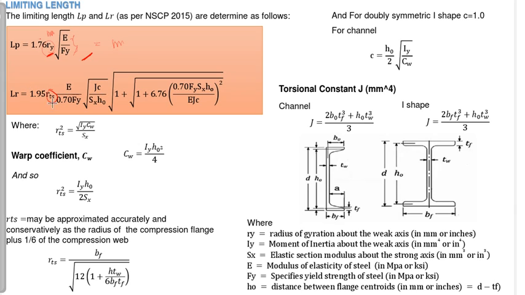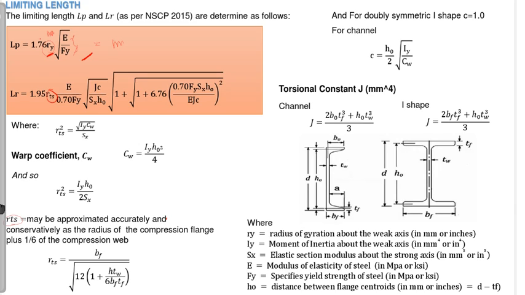So, yung RTS is a special radius of gyration, and that may be approximated accurately and conservatively as the radius of gyration of the compression flange plus 1/6 of the compression web. So, ito yung RTS natin.